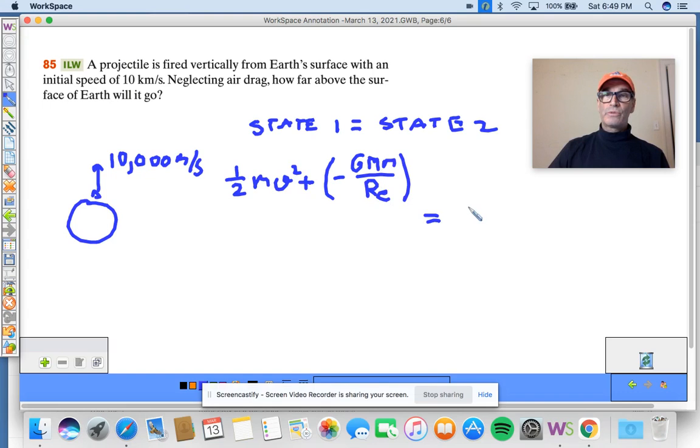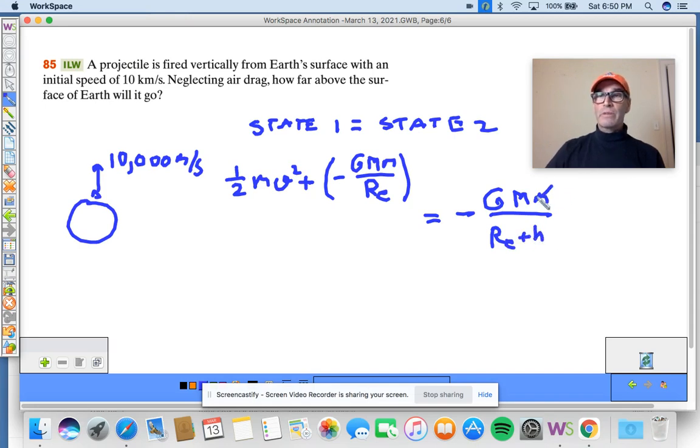That's equal to, once the projectile gets to the highest point, it doesn't have kinetic energy, but it does have universal gravitational potential energy. So that's going to be minus G M M over R, taken from the center of the Earth out to that location above the Earth. So we're going to call that the radius of the Earth plus the altitude h. Okay, so that's at state 2.